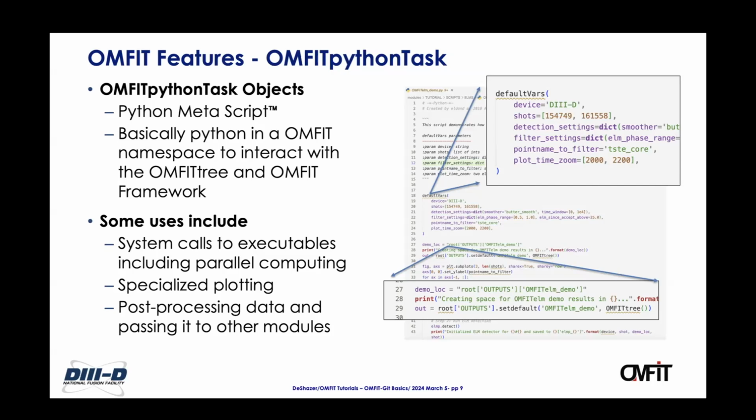So for instance, you can specify a location within the tree by basically saying, we'll talk about root later, but you can say where in the tree you want the data to be sourced from, and then you can pass that into another code or wherever you want to do something with it. So that's really what OMFIT Python task does.